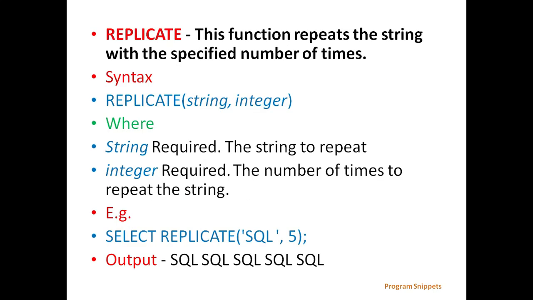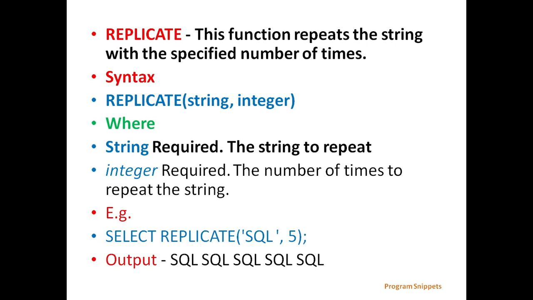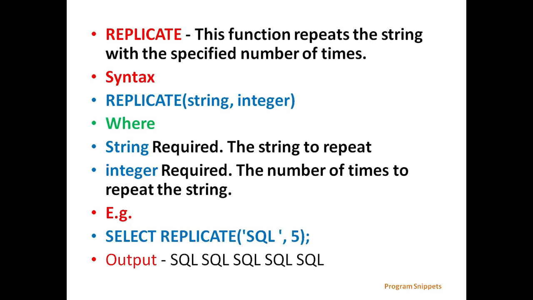Next is REPLICATE. This function repeats the string the specified number of times. General syntax is REPLICATE(string, integer), where string is a required parameter which specifies the string to repeat, and integer is also a required parameter which specifies the number of times to repeat the string. For example, select REPLICATE('SQL', 5), which will give the output SQL 5 times.